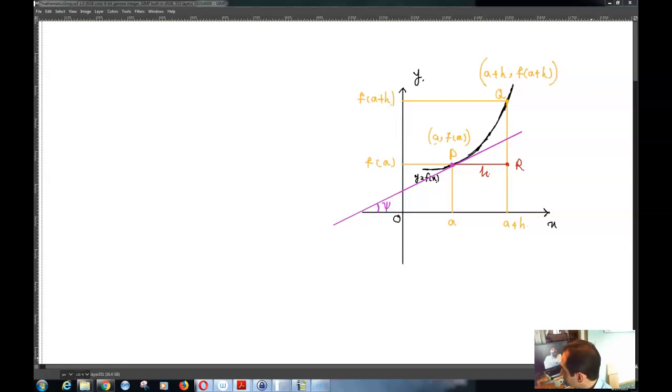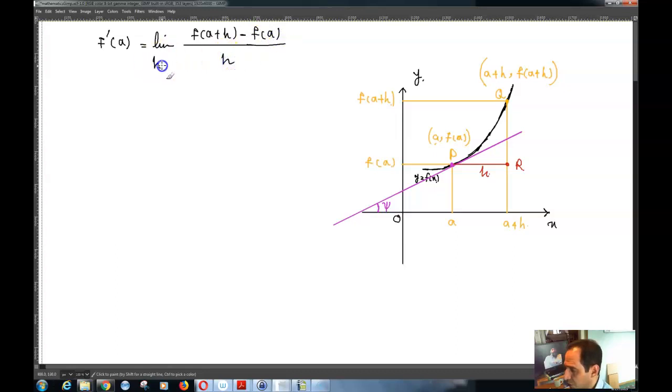Now we know that f prime of a is equal to the limit of f of a plus h minus f of a over h as h tends to 0.